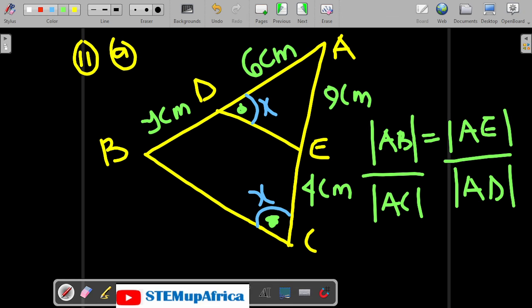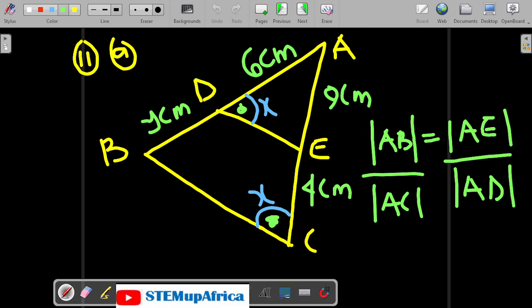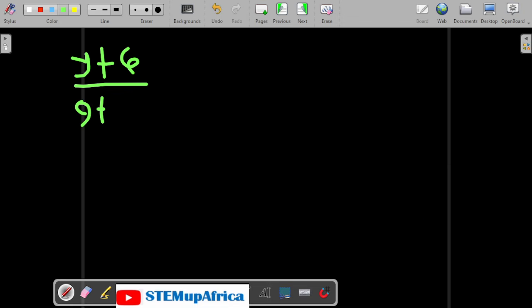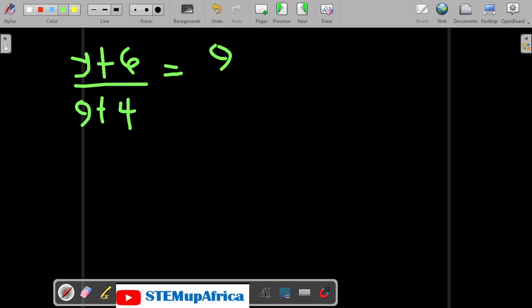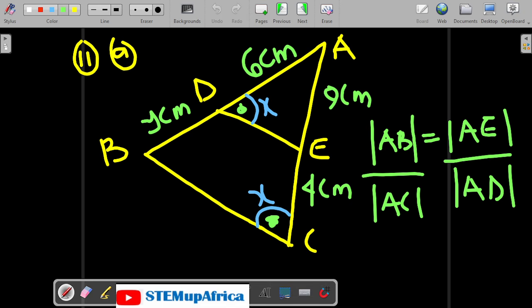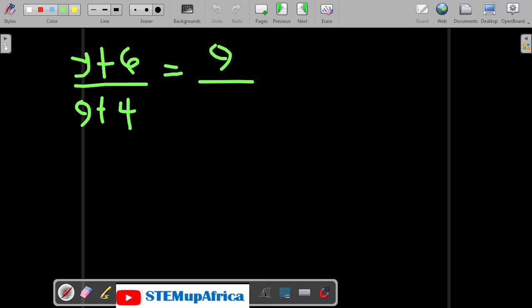So what's the value of A to B? A to B is the distance from B to A, which is y plus 6. So I'm going to have y plus 6 over AC. AC is A to C, which is 9 plus 4, that is 13. Equals AE is 9 over AD is 6.